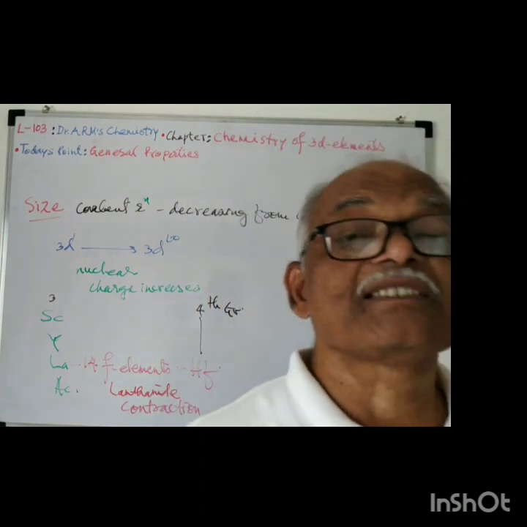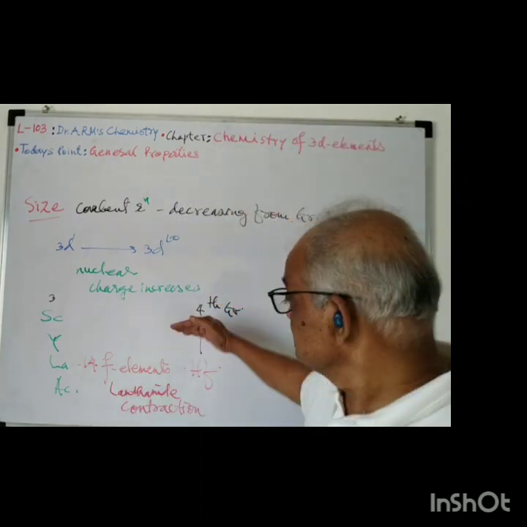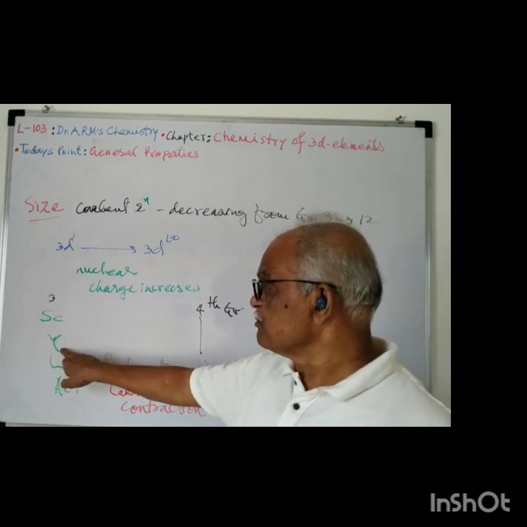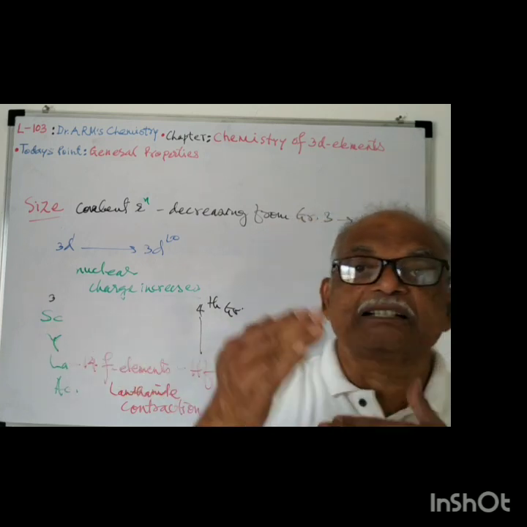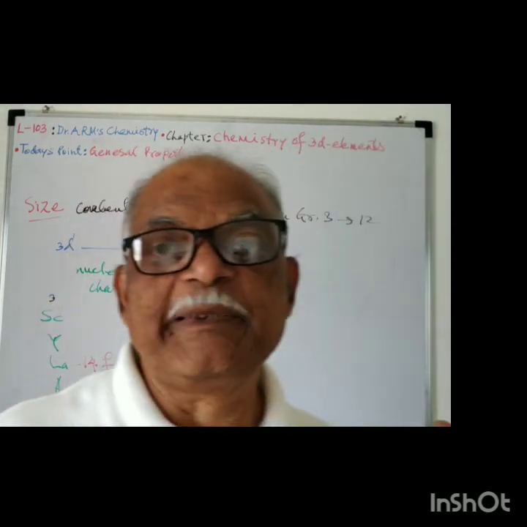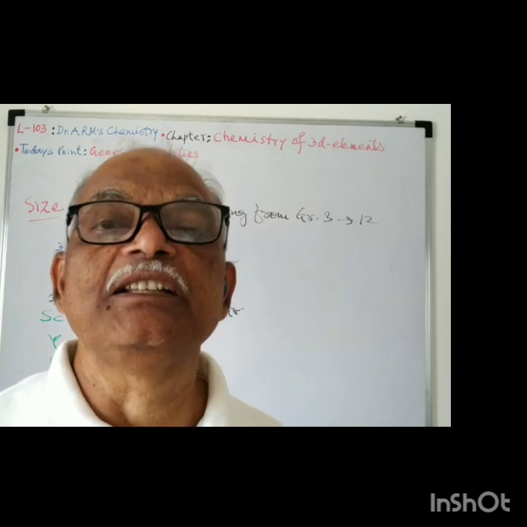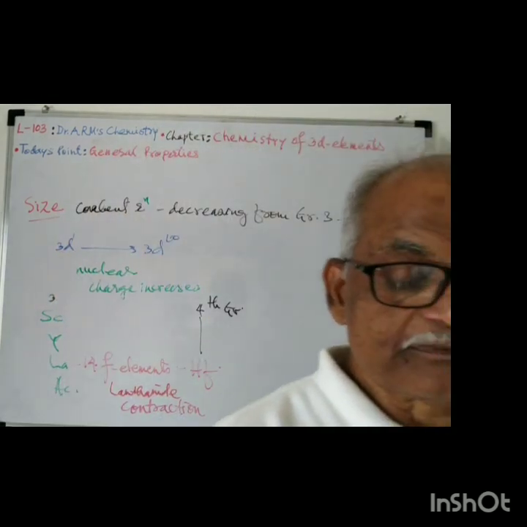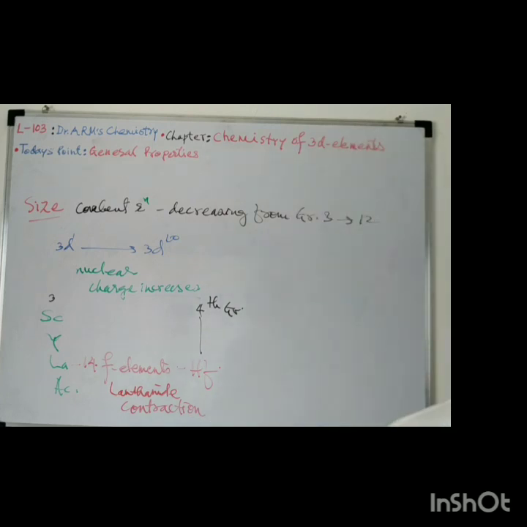Because of this, the elements from the upper series, 3d, 4d and 5d, have the same size, and that is why such elements appear together in the Earth's crust, and their separation is more and more difficult.